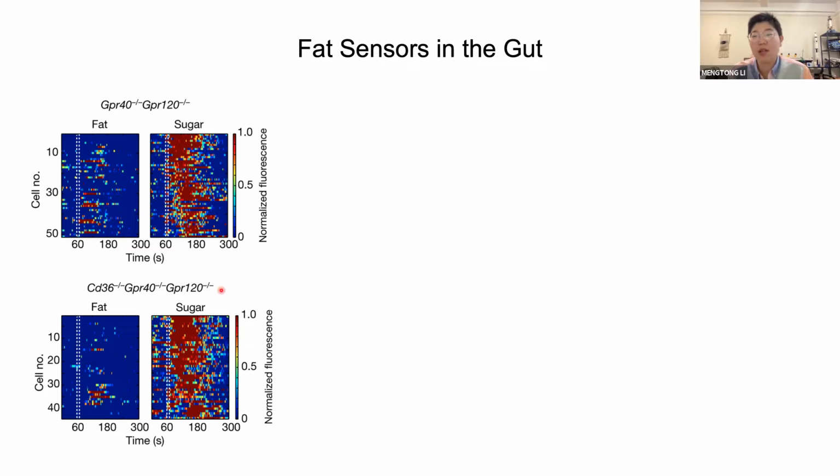It demonstrates that GPR40 and GPR120 are the essential sensors of intestinal fat signals to the vagal neurons. So if these knockout mice can no longer detect fat via the gut-brain axis, then they should also fail to develop a preference for fat behaviorally.